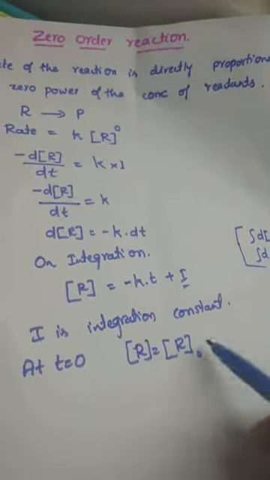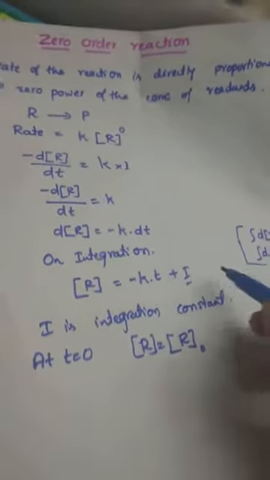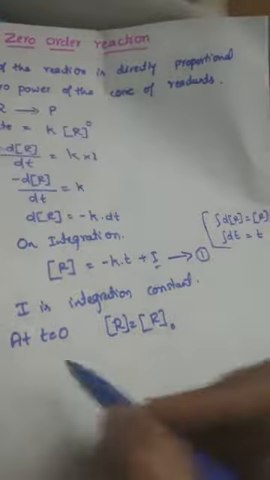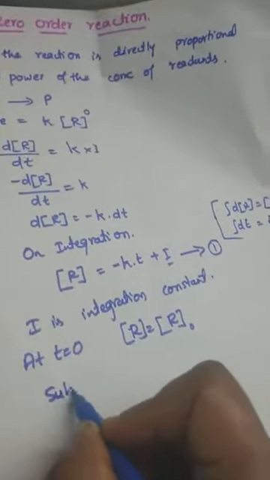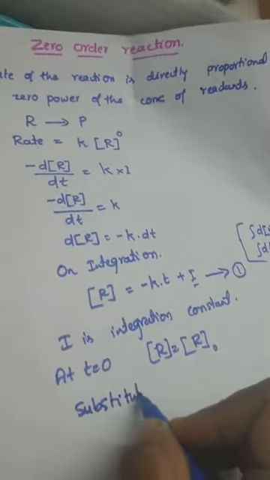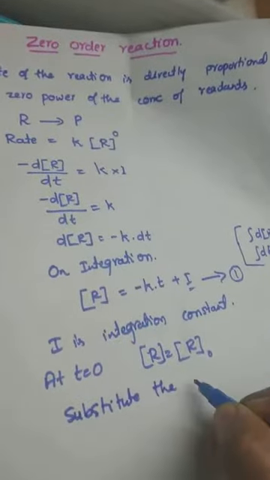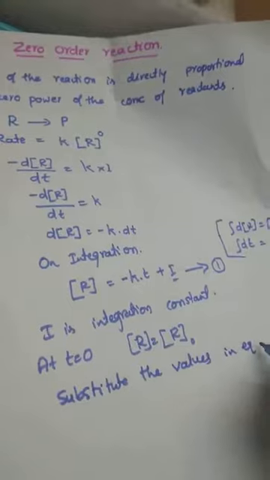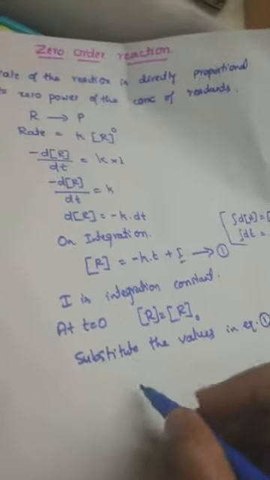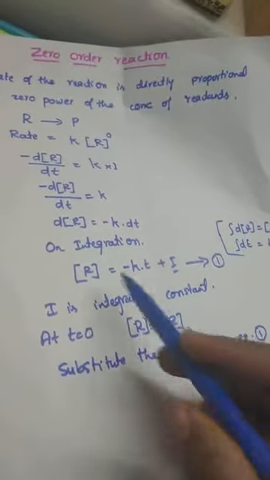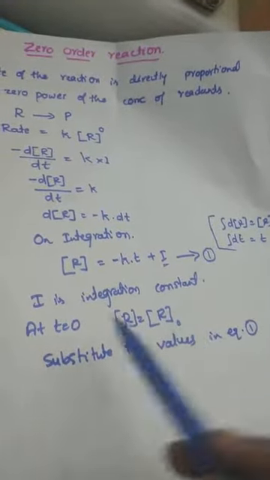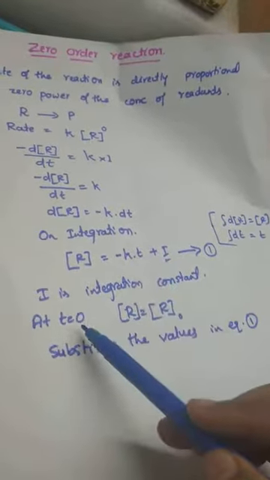So if we substitute these two values in this equation, which I'll call equation 1, in place of [R] I'll put R naught, and in place of t, I'll put 0.